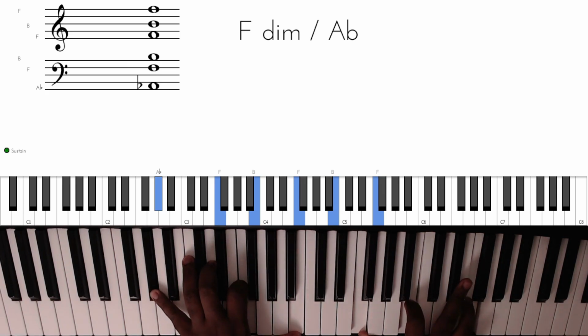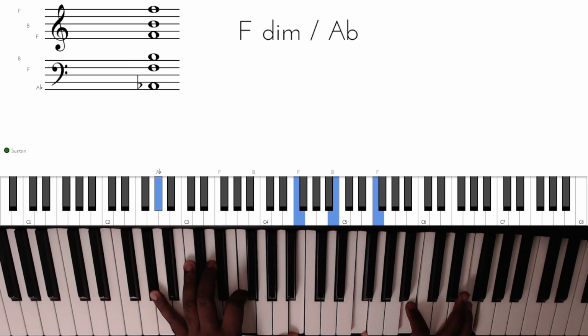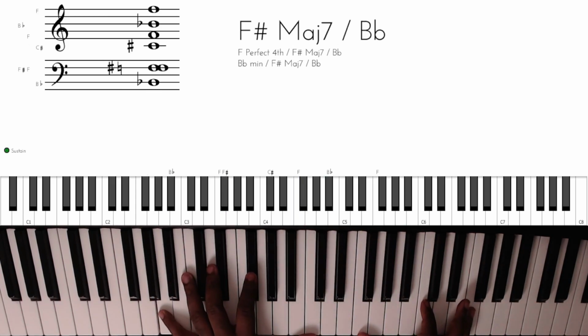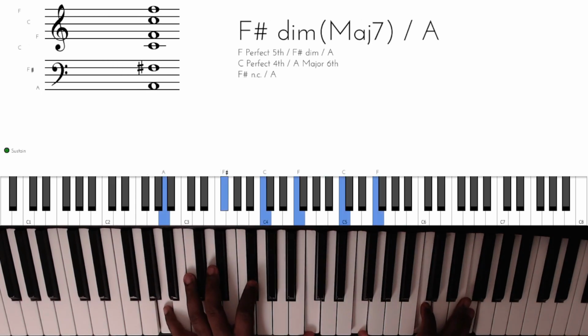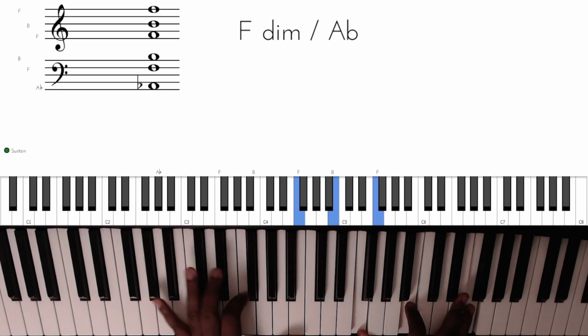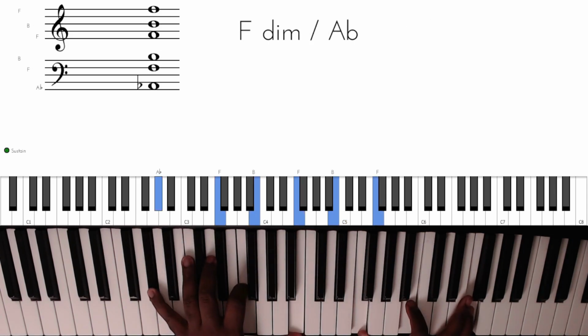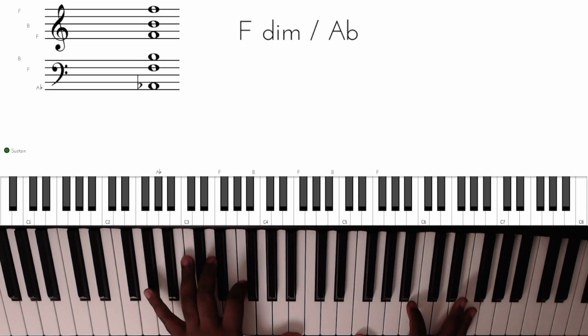So this could be seen as a passing chord. I left from the 6 and I wanted to get to the 4. So we have the 6 and I played 2 passing chords. So this is the first one. Then we have this one.